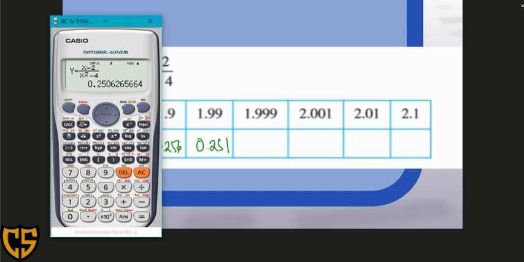And then for 1.999, we substitute it into our equation. Our answer will be 0.25.